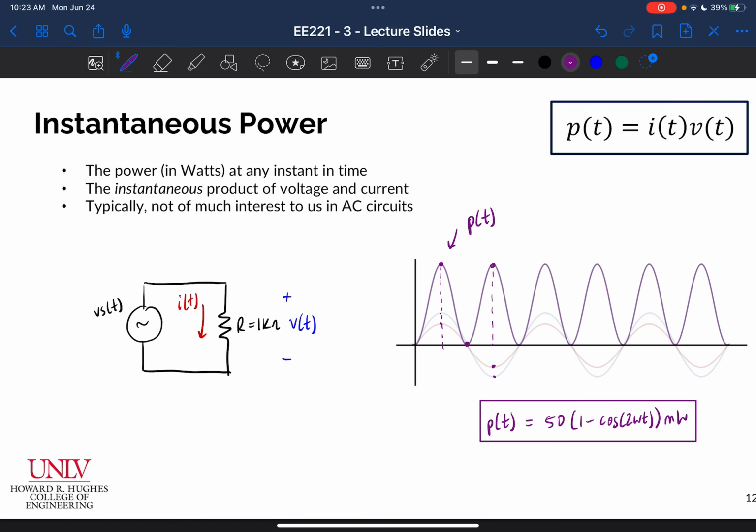My original signals were V of t was 10 times the sine of omega t. That's the frequency of basically omega. This current that we found was 10 times the sine of omega t milliamps, also at a frequency of omega. And out of the trig identity pops a 2, which can be basically viewed as a doubling in frequency.